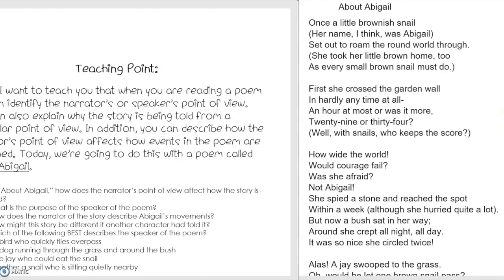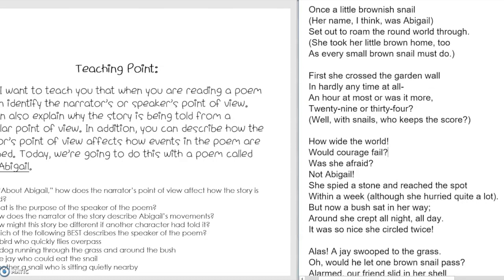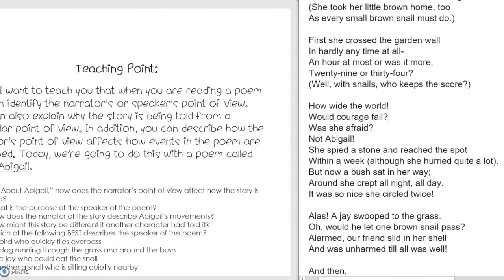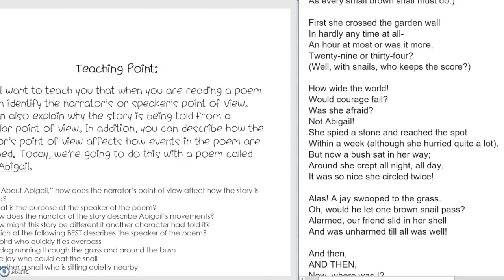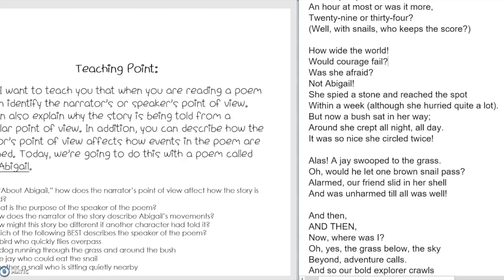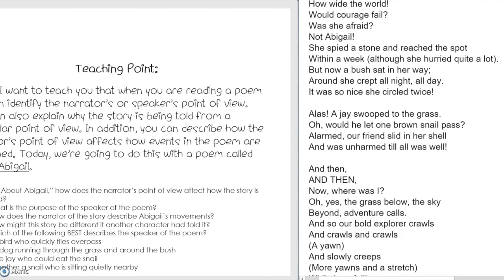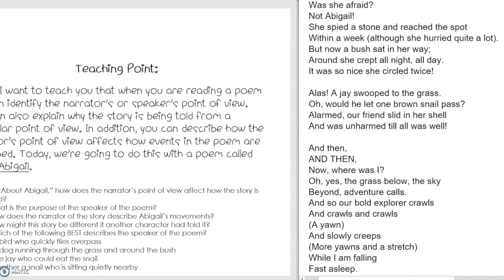She spied a stone and reached the spot within a week, although she hurried quite a lot. But now a bush set in her way, around she crept, all night, all day. It was so nice she circled twice. Alas, a jay swooped to the grass. Oh, would he let one brown snail pass? Alarmed, our friend slid in her shell and was unharmed till all was well.